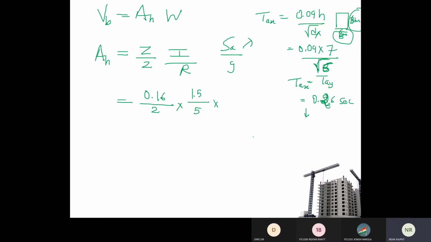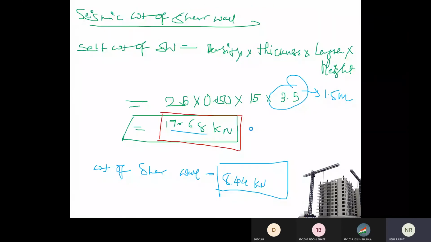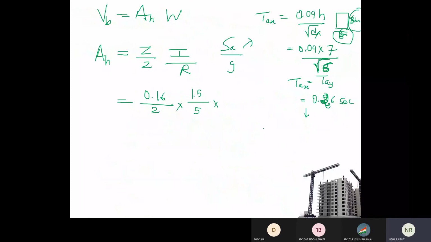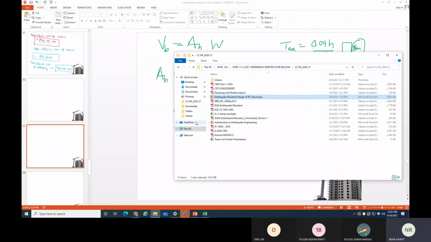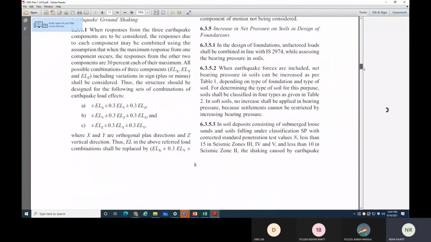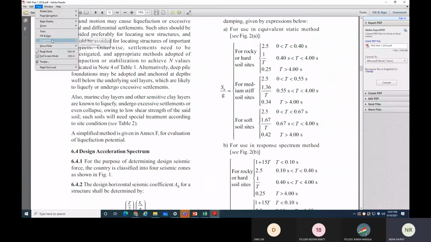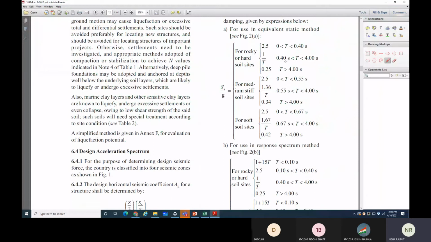Right, and for the type of soil, which type of soil is given? Stiff soil. So for stiff soil and for this 0.26, find out the Sa by g value.